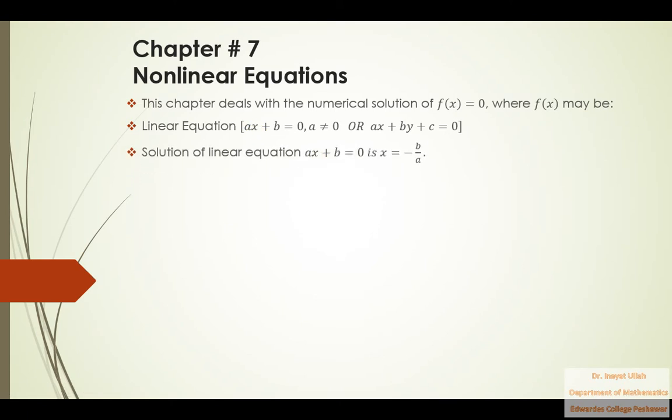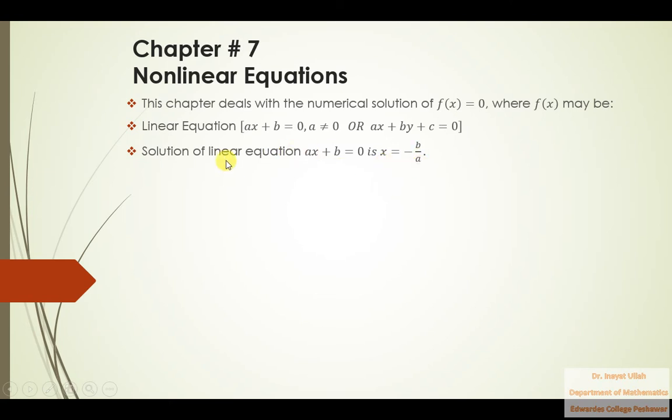If we need to solve ax plus b is equal to 0, it means finding the value of x. So how could we find the value of x from this equation? Shift plus b to that side, so that will be minus b, and divide by a, so x equals minus b by a.